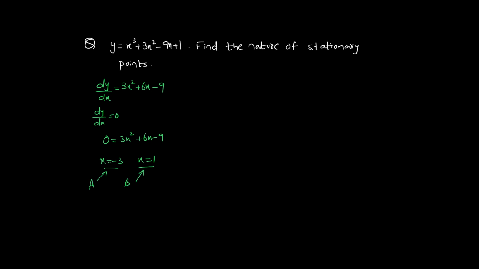If I want to find the nature of the stationary value, I have to take the second derivative. So the second derivative of this function would be 6x plus 6.